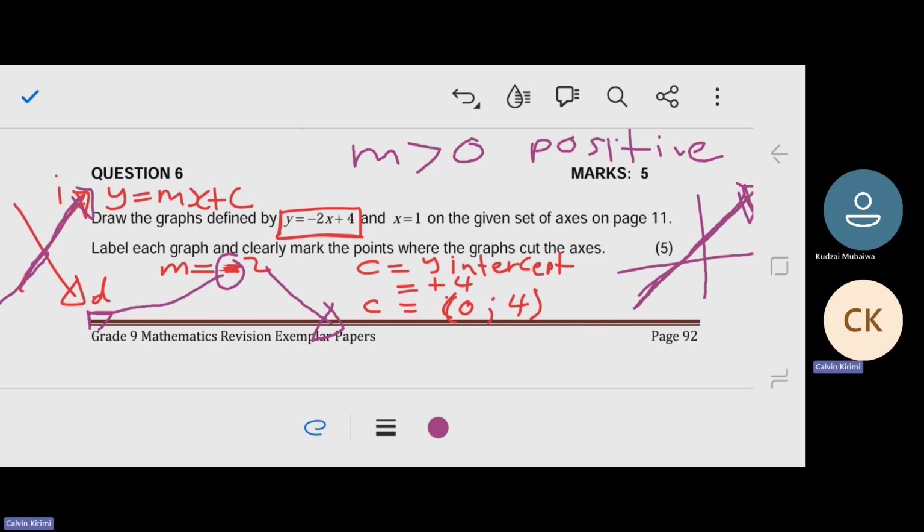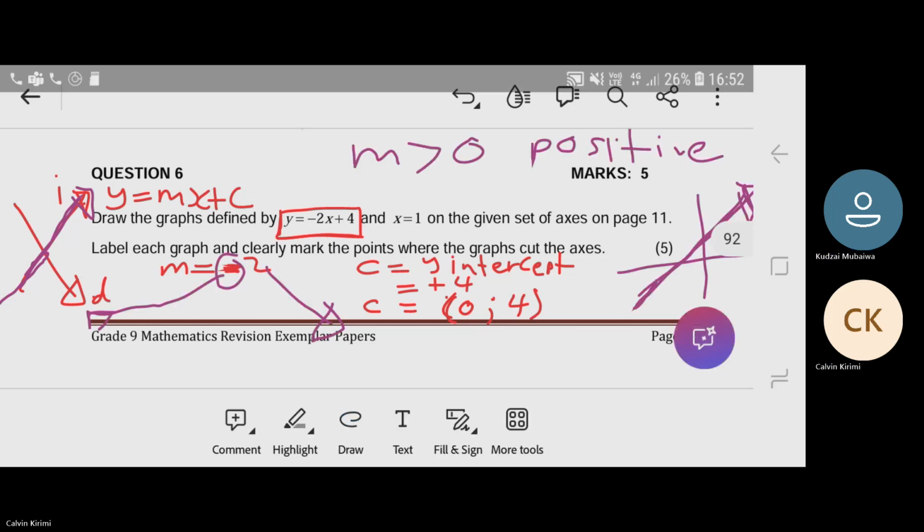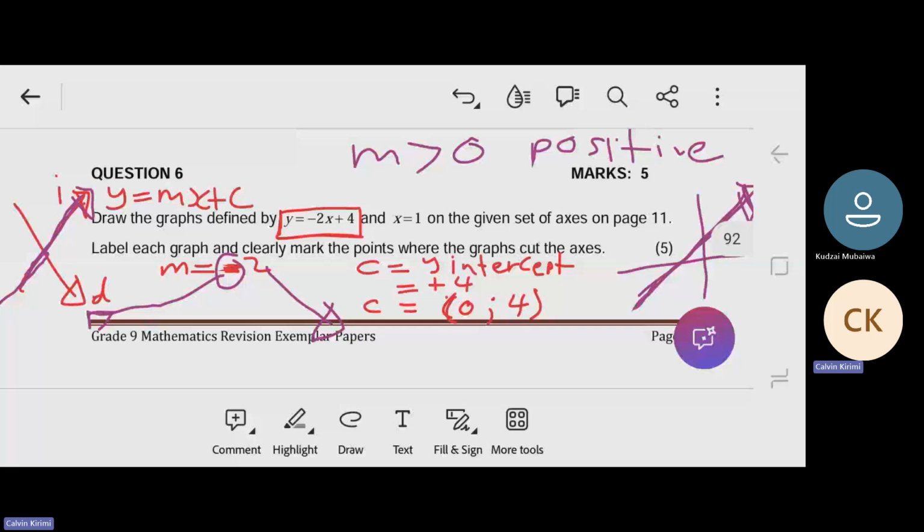Do you understand that when m is negative, the line is sloping downward? Yes, sir. So you must correct yourself.